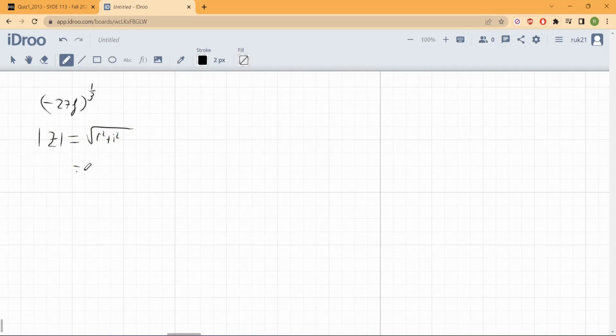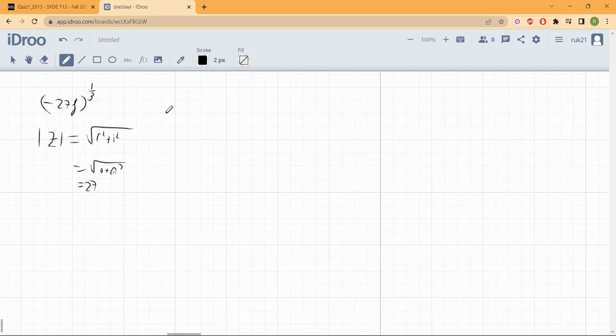In our case, we don't have a real part, so it would just be square root of 0 plus 27 squared, not -27, because it's just squared, so I don't care. And that's just going to end up being 27. So our modulus is going to be 27.